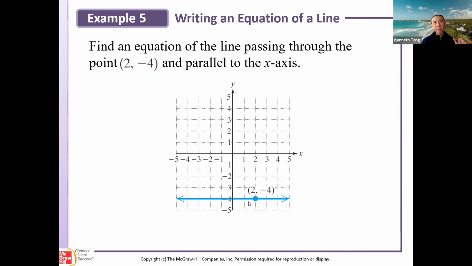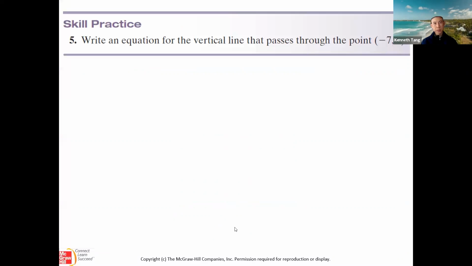When you have a flat slope, your m is equal to 0. When m is equal to 0, you don't have the slope term, and whatever the intercept is will be your equation. So for that case, it's y = -4. Then you're done with that question.